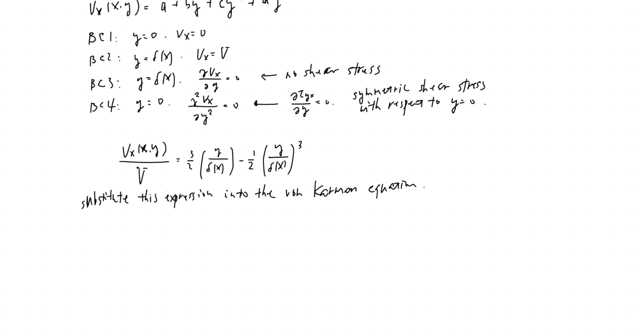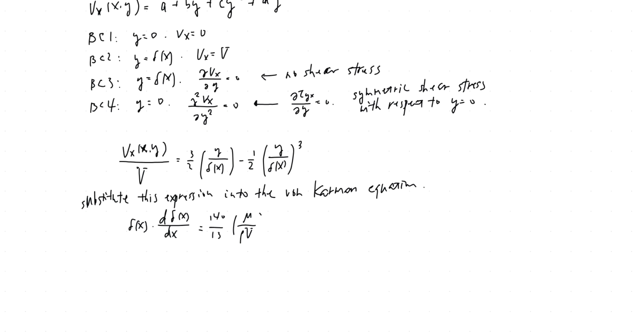So substitute this into the momentum equation. It gives us, try it on your own, an equation in delta x. Now this is a differential equation for the boundary layer thickness. We can solve for the boundary layer thickness by solving this differential equation.